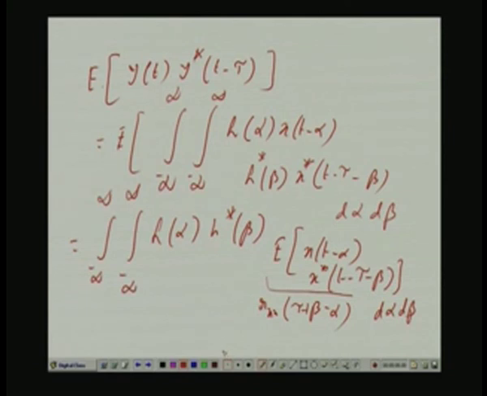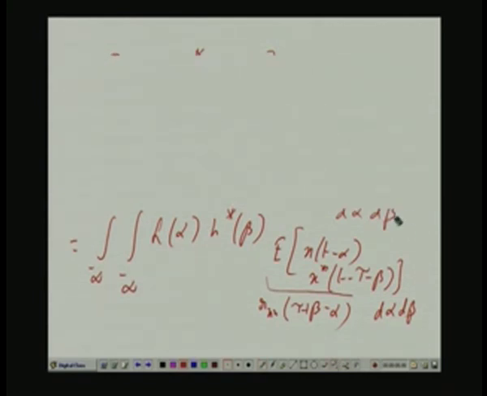What will that be? You remember this result. This is the autocorrelation of the output. So, what is phi y of j omega?